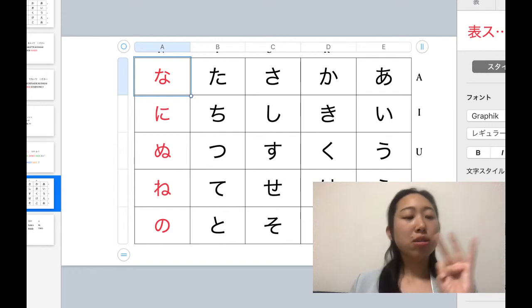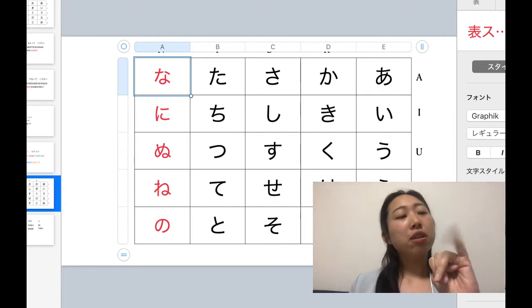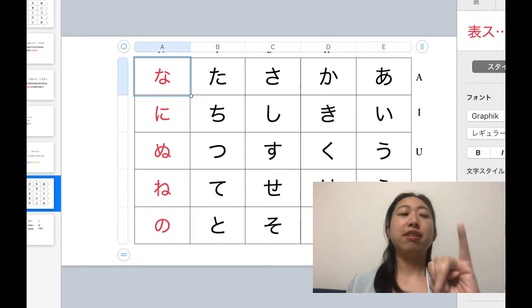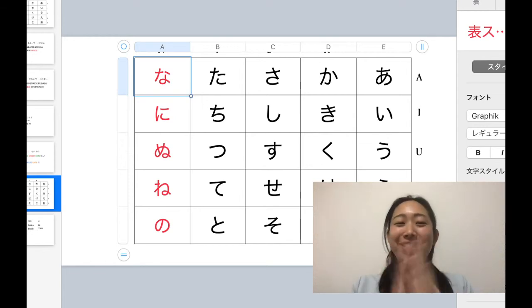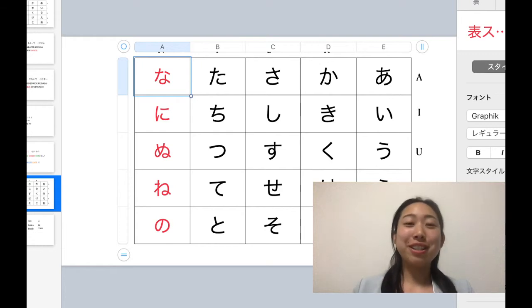So we have 1, 2, 3, 4, a little 5, 7 already. We will make it a little bit more, and then you can get all the numbers too.